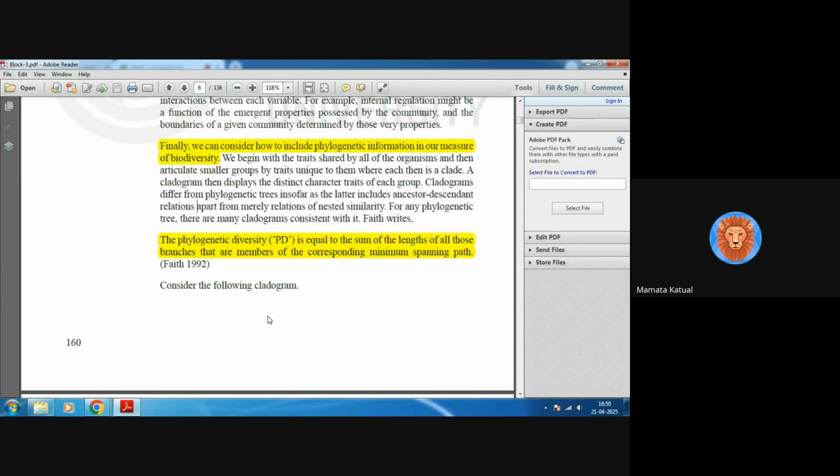So the cladogram is prepared according to the similarities and differences in the characters. But the phylogenetic tree is also based on the similarities and differences. But from the phylogenetic trees, we can also study the phylogenetic relationship. That means the relationship between the ancestor and the descendant.